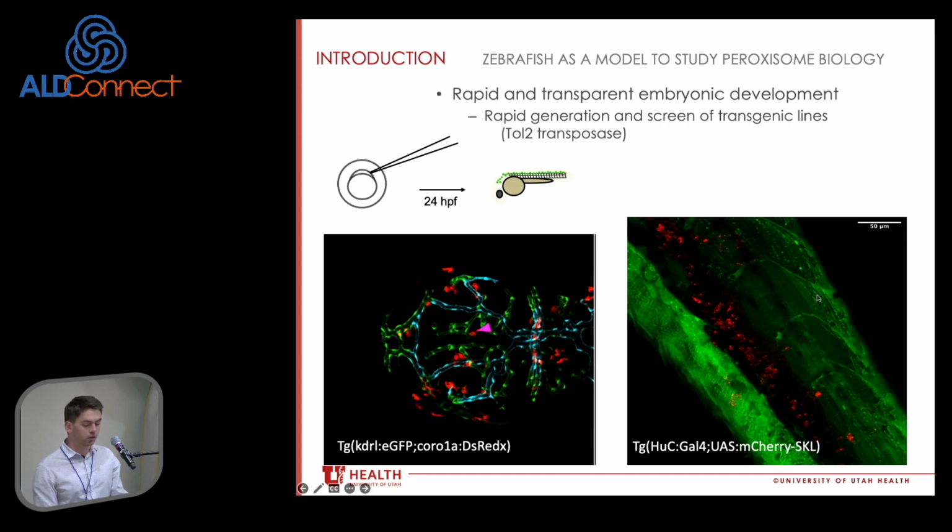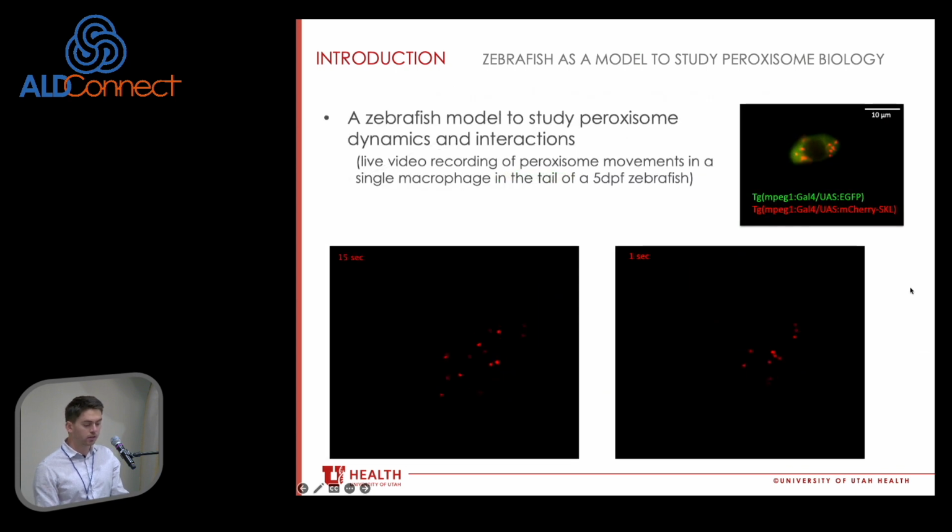Here we can visualize peroxisomes in the spinal cord, in motor neurons for example. We generated different tissue-specific lines, here with peroxisomes in macrophages. Quite interestingly, we see very distinct tissue-specific dynamics of peroxisomes, with macrophages exhibiting very rapid movements of peroxisomes. I believe these can make good models to study peroxisome dynamics and interactions.